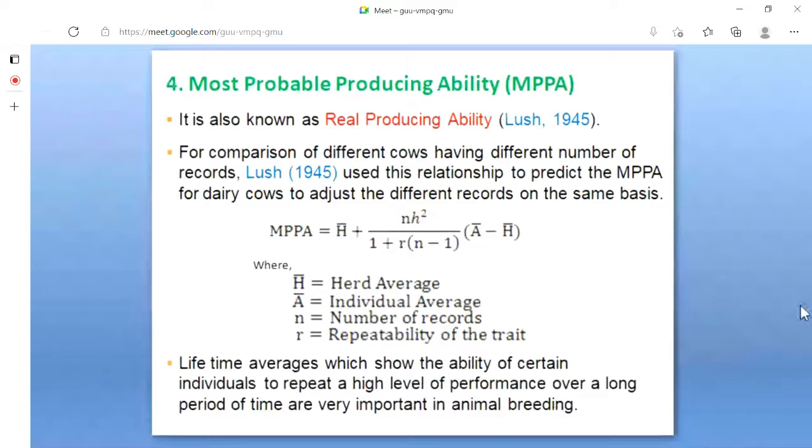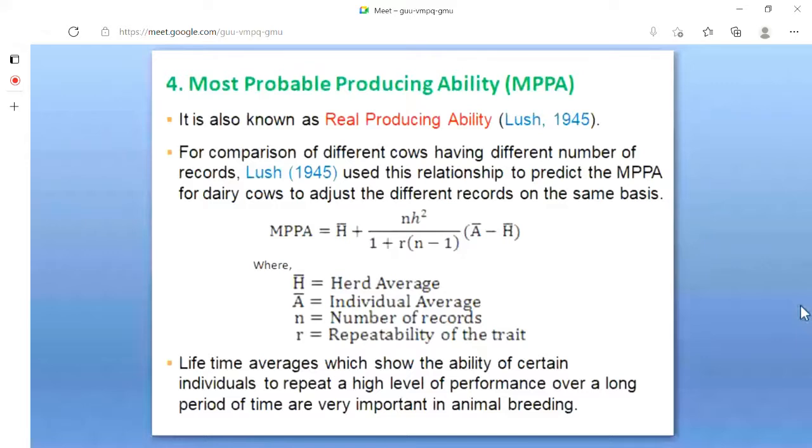And another most important utility of repeatability is to calculate the most probable producing ability, which we call MPPA. It is also known as the real producing ability, given by J.L. Lewis in 1945.